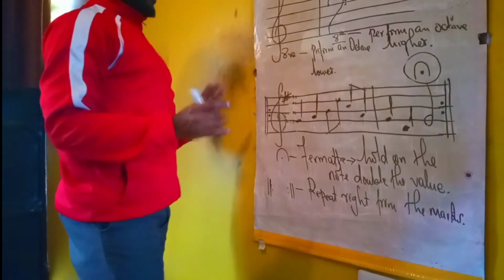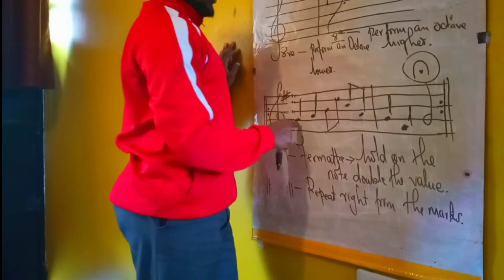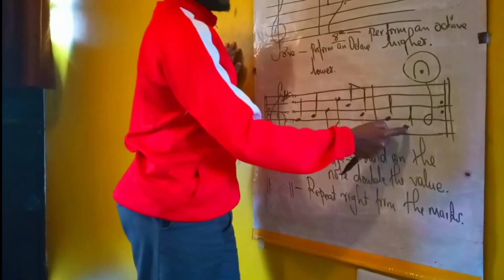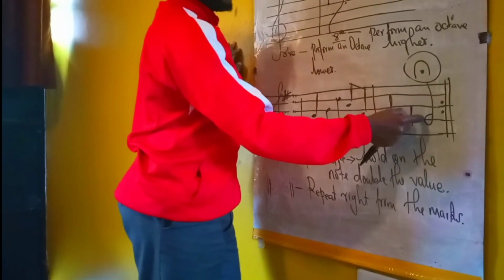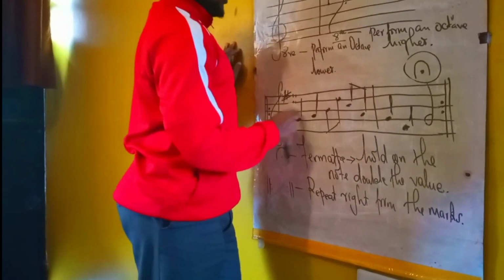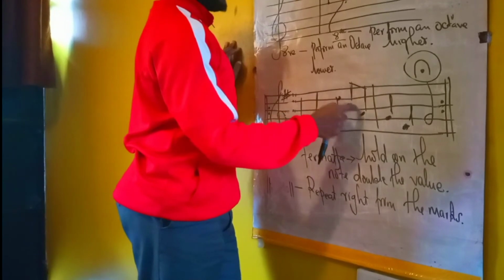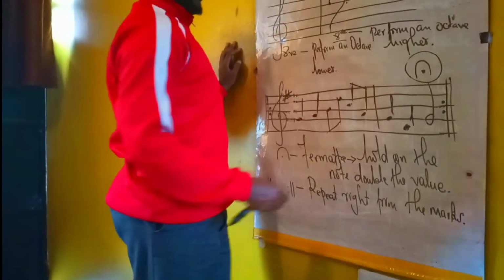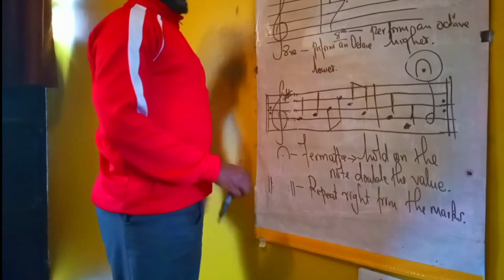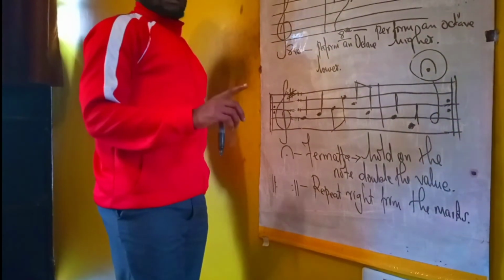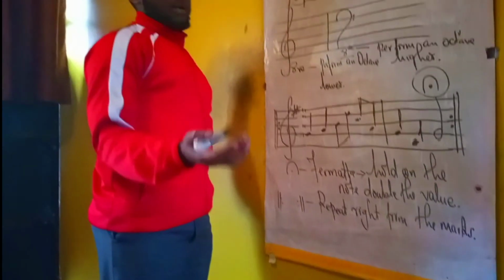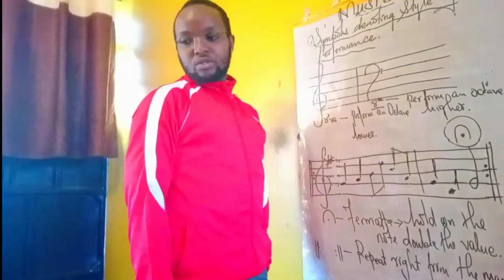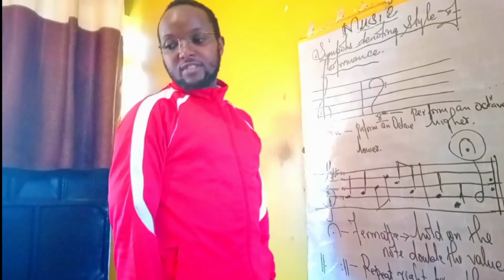Meaning our mode of performance will be do, re, mi, so, fa, re, do, ti, do. Do, re, mi, so, fa, re, do, ti, do. And then we shall be having another note over there. So we repeat once, and we could repeat several times depending on how many times we denote with another symbol that I'm going to teach you later.